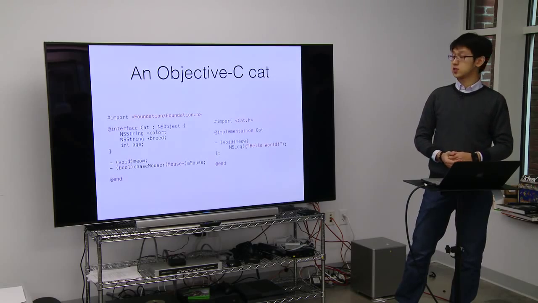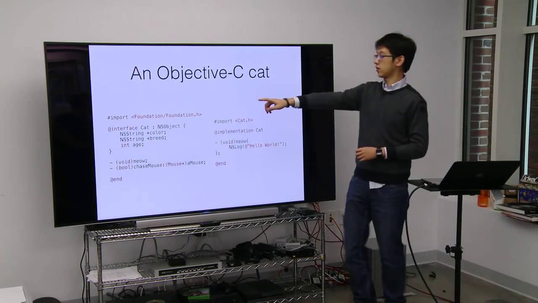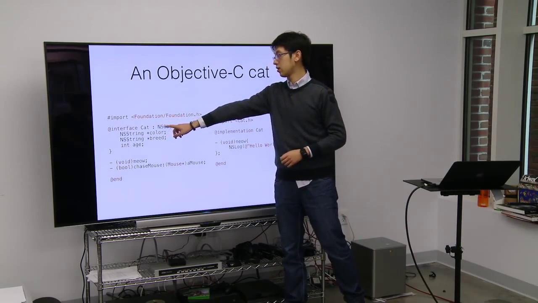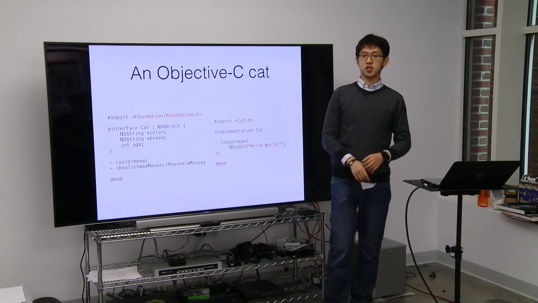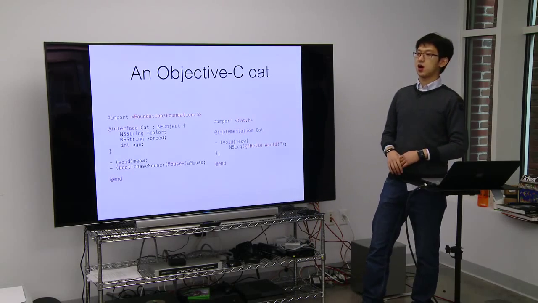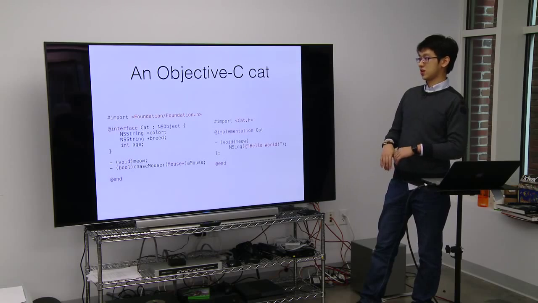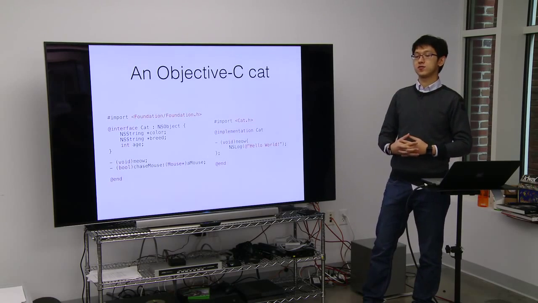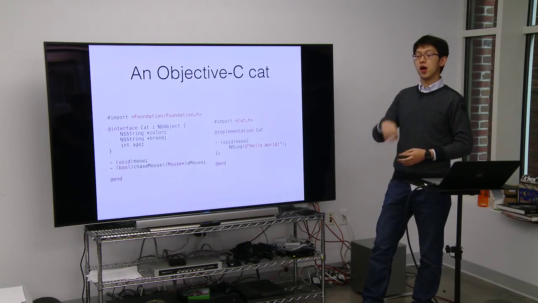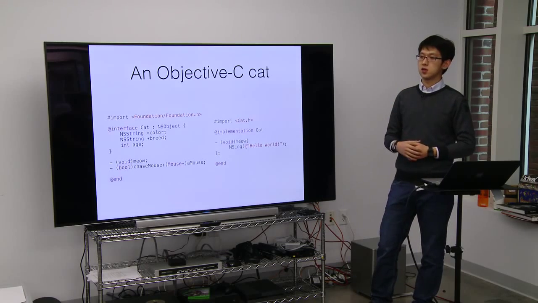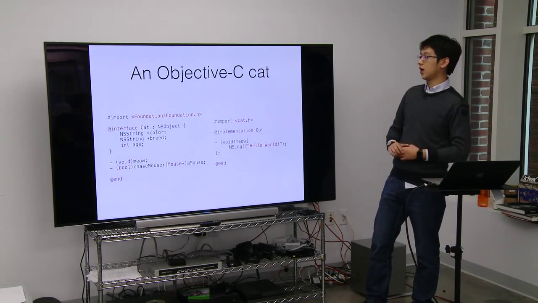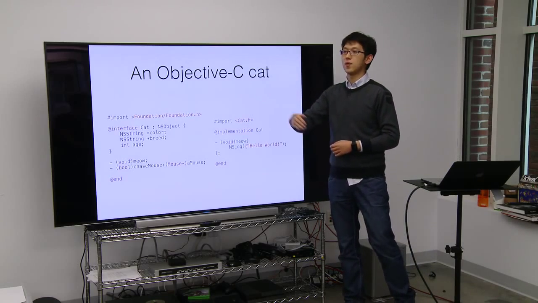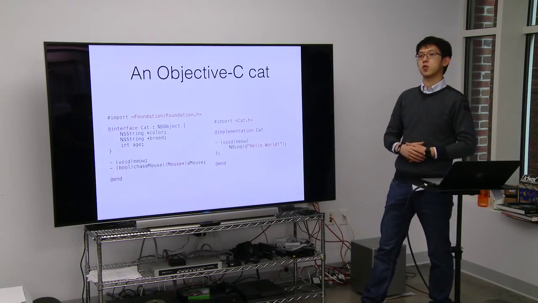So in this case, we can see that we're declaring @interface Cat : NSObject. That is called inheritance. We're basically inheriting the cat class from the object class. So every property and method that was previously defined in the object class will be automatically defined in the cat class as well.